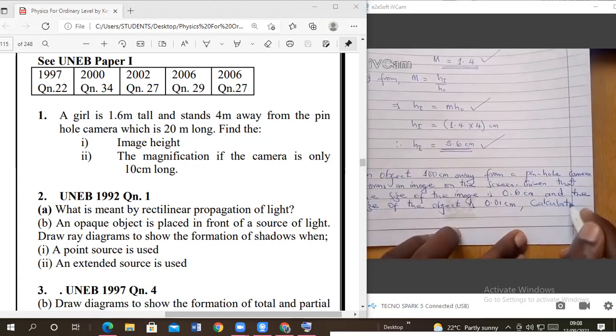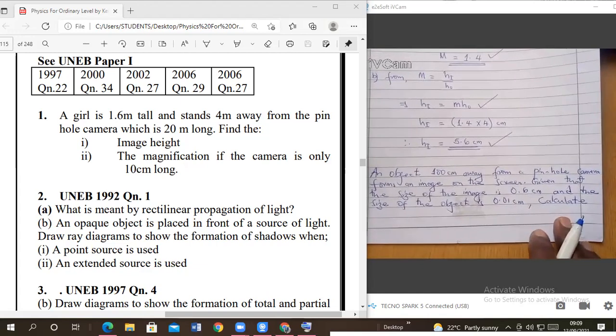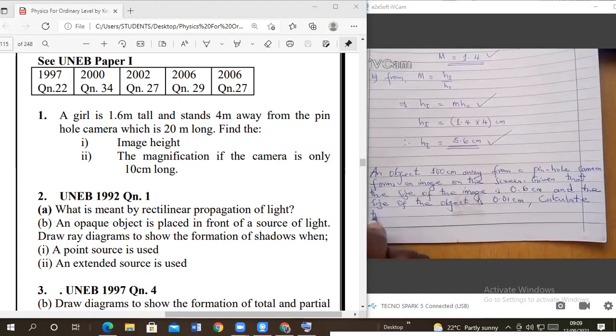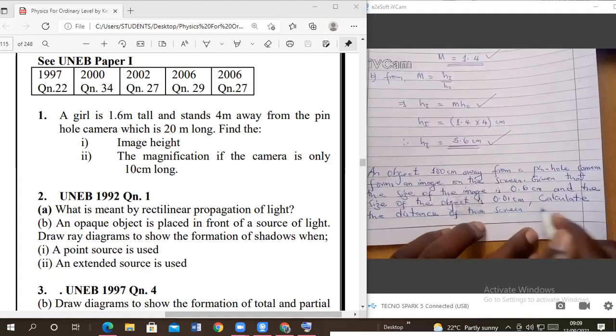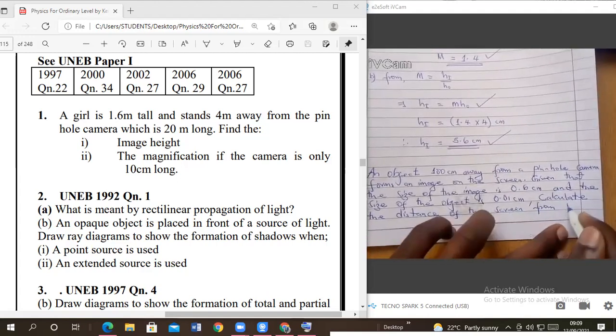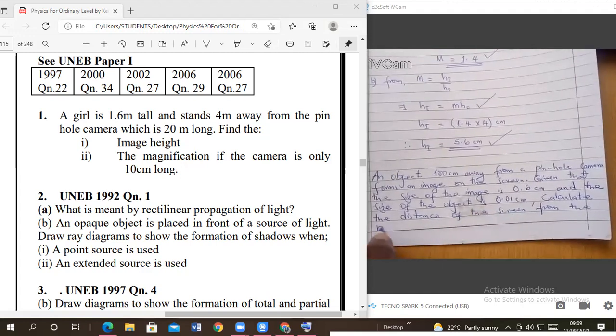Are you following me? Calculate the distance of the screen from the pinhole.